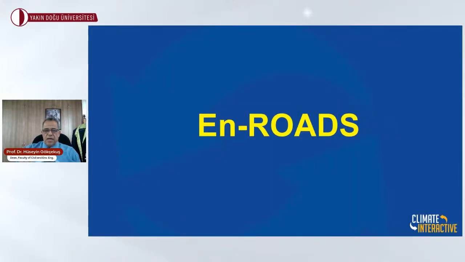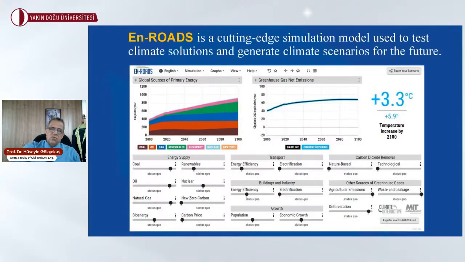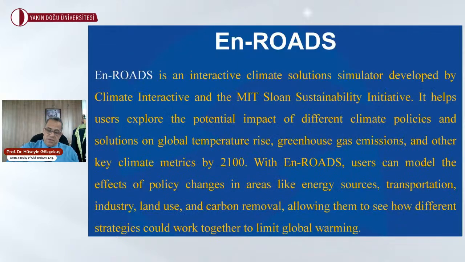Let's start with En-ROADs. En-ROADs is a cutting-edge simulation model used to test climate solutions and generate climate scenarios for the future. En-ROADs is an interactive climate solutions simulator developed by Climate Interactive and the MIT Sloan Sustainability Initiative.